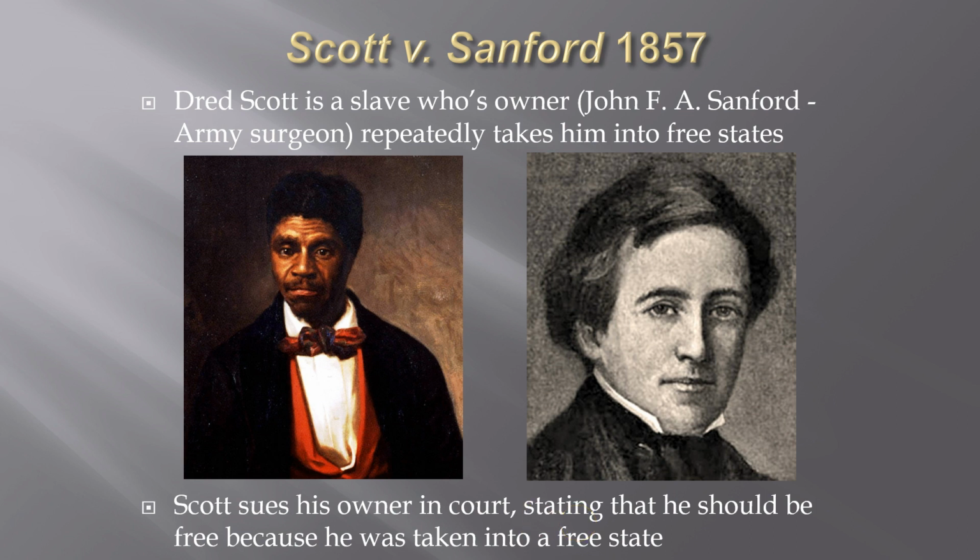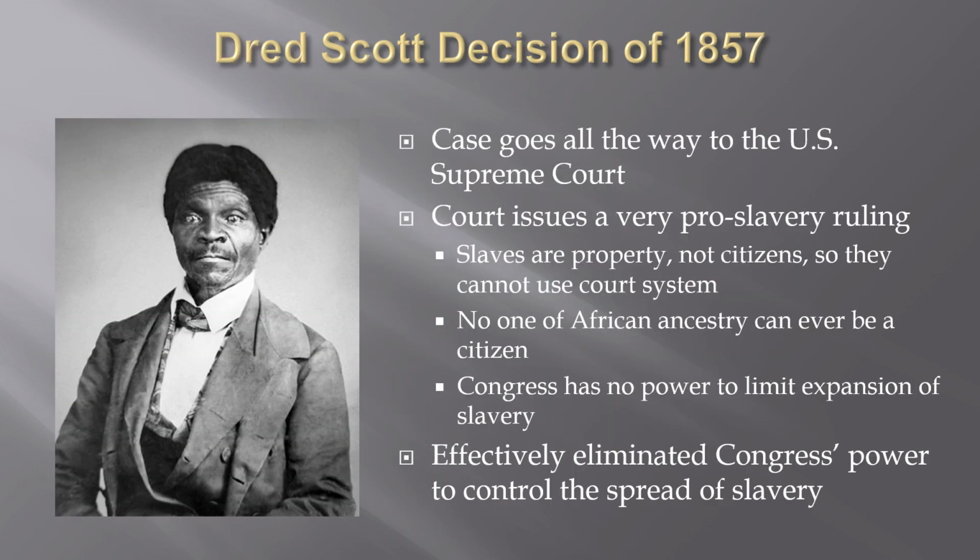And his owner, John Sanford, the guy on the right, repeatedly takes him over the course of his life into free states like Illinois, and I think also the territory of Wisconsin. And when he returns to Missouri, where Sanford's from, Scott sues his owner in court, stating that he should be a free man because he was taken into a free state. And if there's no slavery in those free states, then he himself should be free.